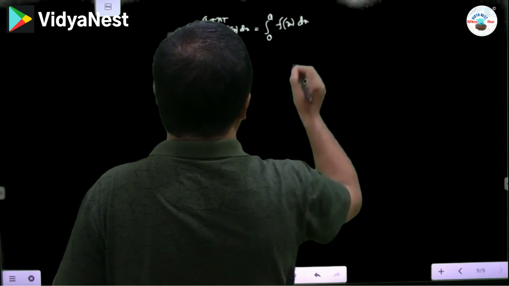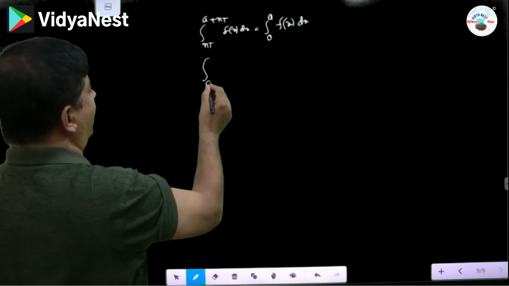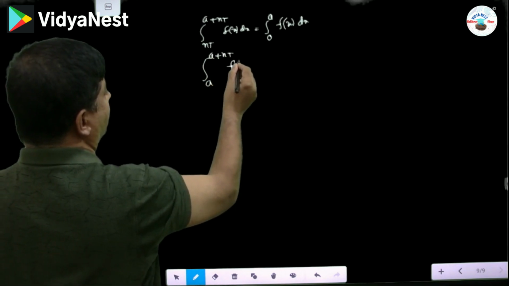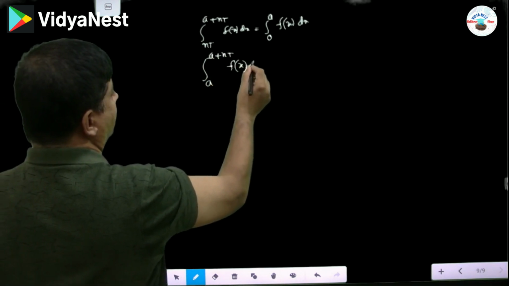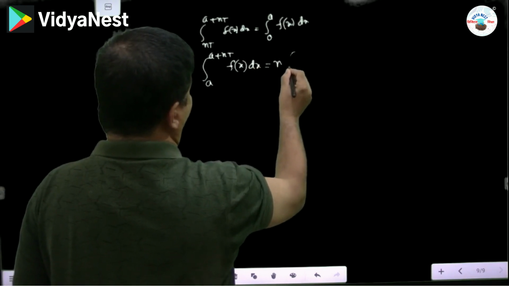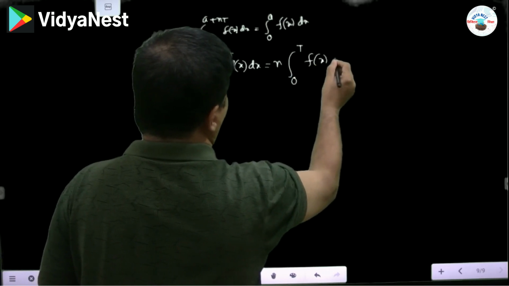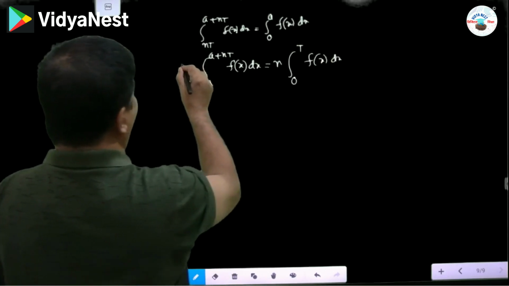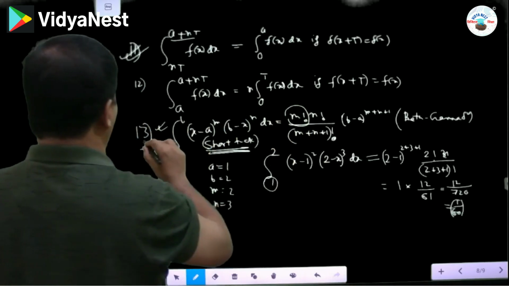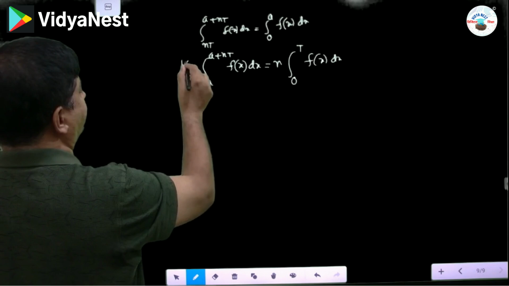Okay, and integral a to a plus nt fx dx, n times 0 to t fx dx. So that is property number... Previously we could reach up to property 13 and now property 14.